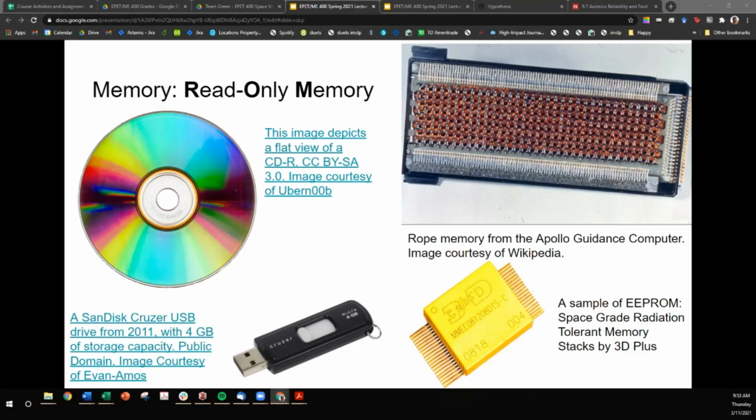Typically, we'll see read-only memory as chips for our embedded computers. And if we're looking into the past, here is what read-only memory looked like for the Apollo mission. It was in the form of these ropes that were hand-woven by a lot of female technicians, actually. You can see some cool pictures of that.